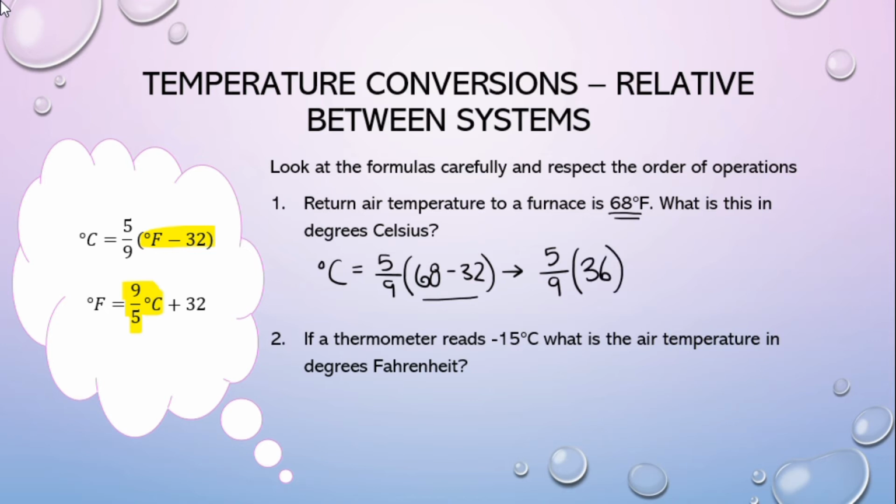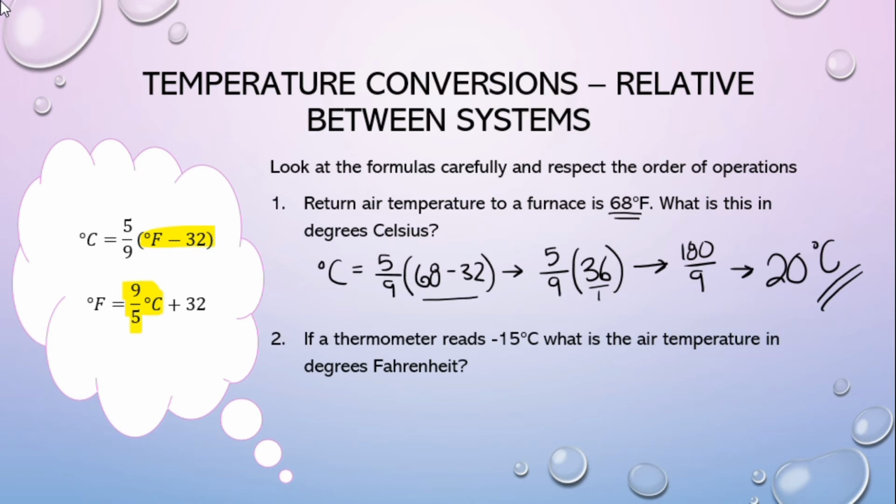Here you can do 5 divided by 9 times 36, or I'm just going to change it into 5 times 36, because if you have a whole number, remember it's like a fraction over 1. 5 times 36 is 180, and I still have to divide it by 9. And then finally, 180 divided by 9 gets me 20 degrees Celsius. That's my answer.